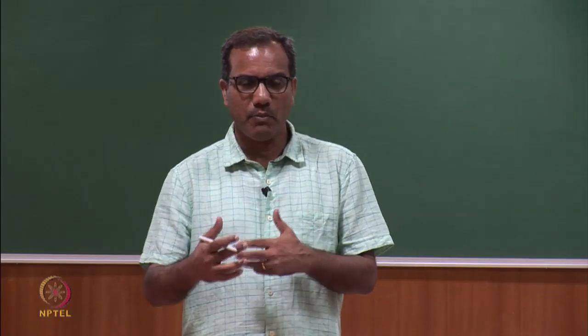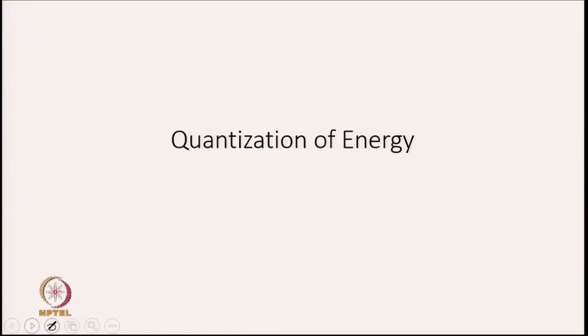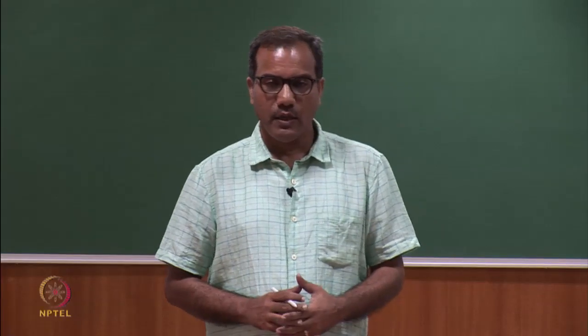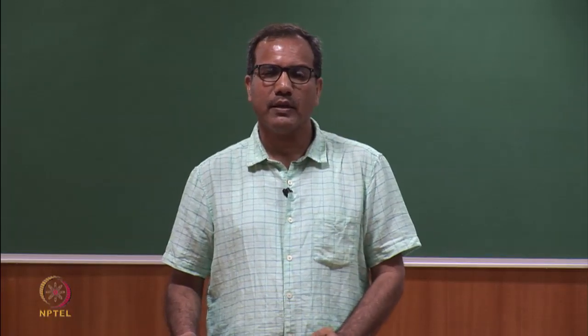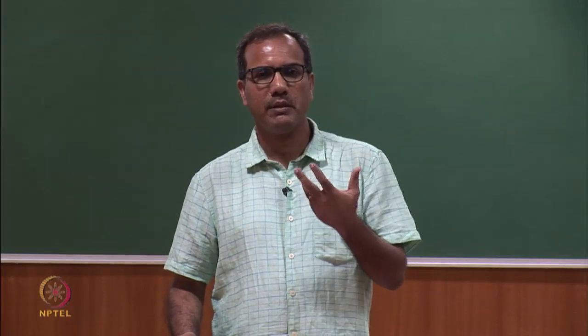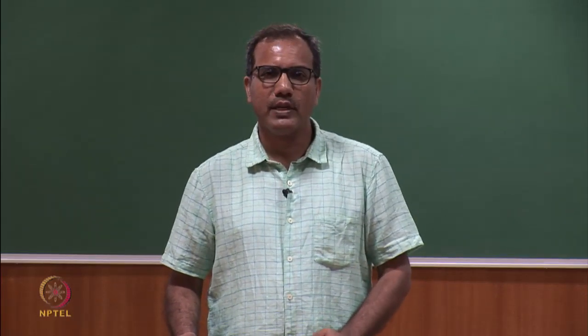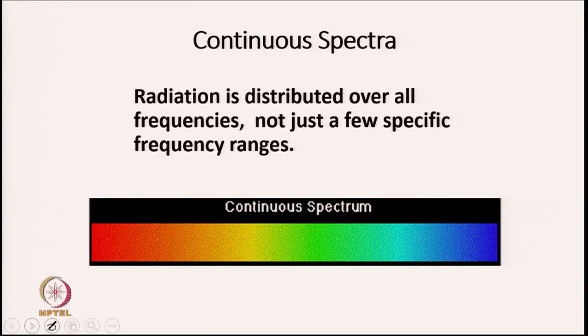Now, the next topic is quantization of energy, and this is a very important concept in spectroscopy. So, if you look at the spectrum observed from different sources, particularly emission spectrum, you will either see a continuous spectrum in which radiation is distributed over all frequencies, not just a few specific frequency ranges.